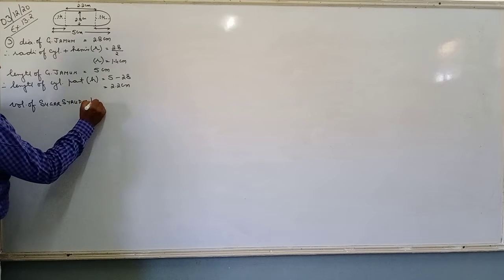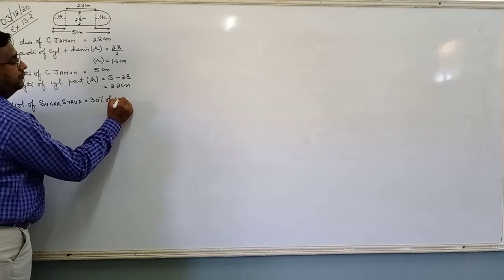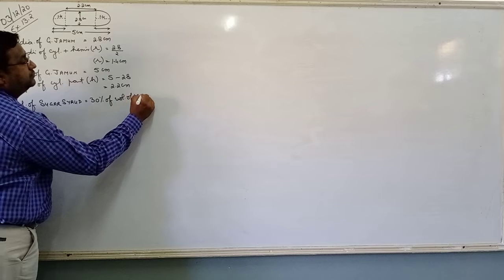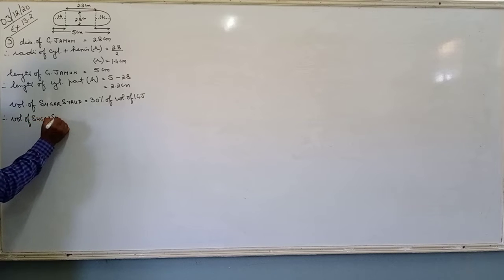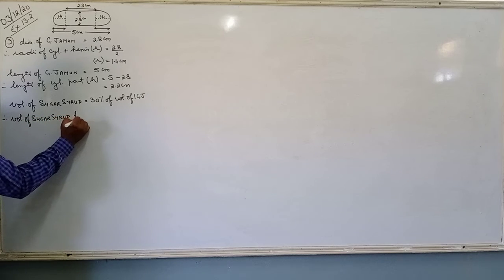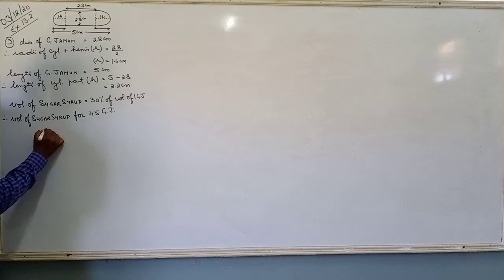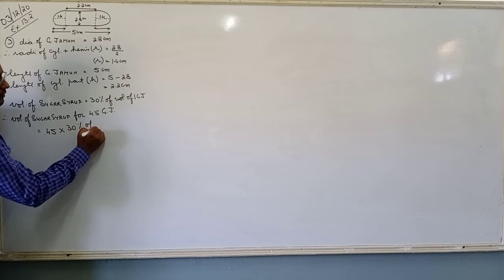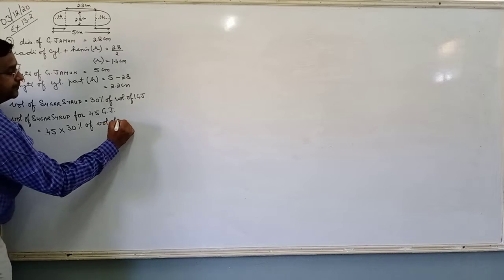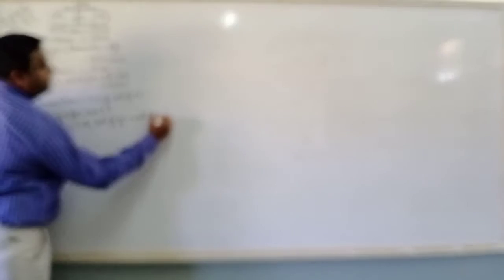Volume of sugar syrup is equal to 30% of volume of one gulab jamun. Yes or no? So therefore volume of sugar syrup for 45 gulab jamuns is equal to 45 multiplied by 30% of volume of cylinder plus volume of two hemispheres.